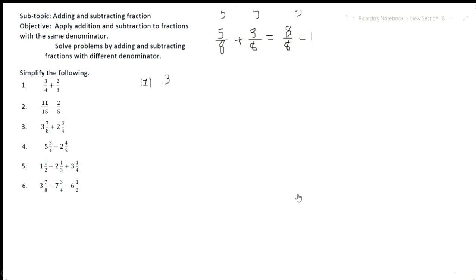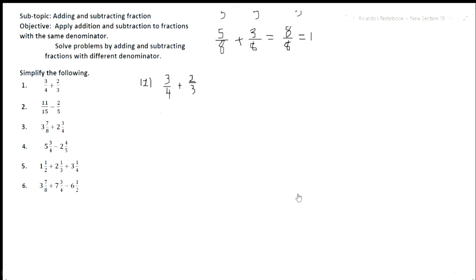So that is 3 upon 4 plus 2 upon 3. Now, in order to work this out, you can't just add the numerator to the numerator and the denominator to the denominator. That would be wrong. You have to first turn them into equivalent fractions and then add the numerators.